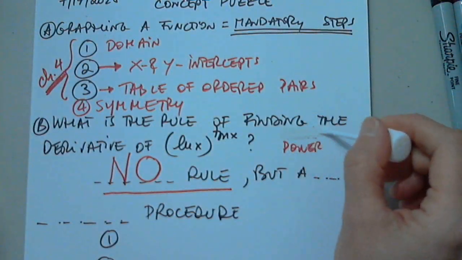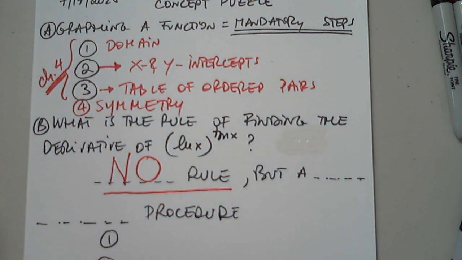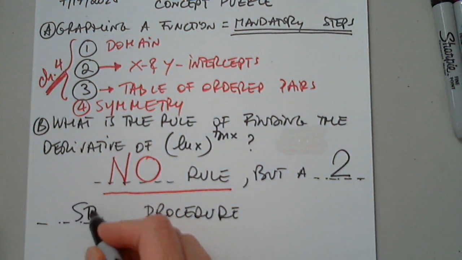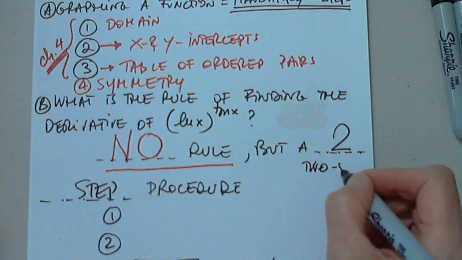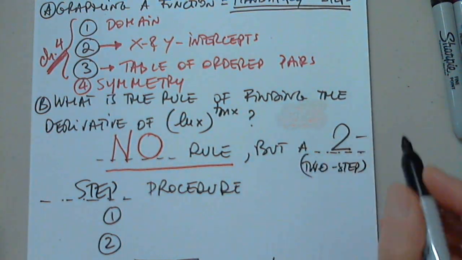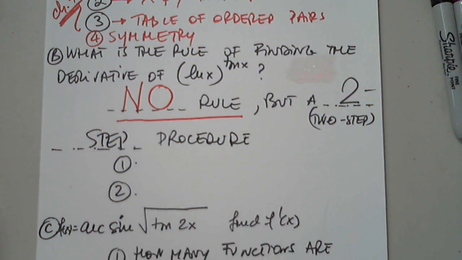Thank you. It is a 2-step procedure. Okay, awesome. Thank you very much. I should have written this as 2-step, whichever you prefer. Okay, what is the first step? What is the second step? Awesome.